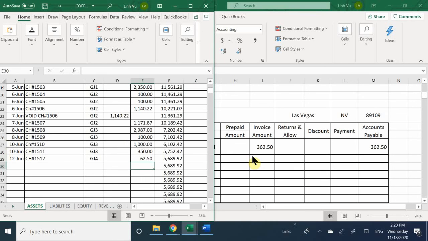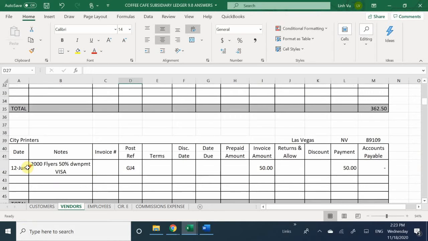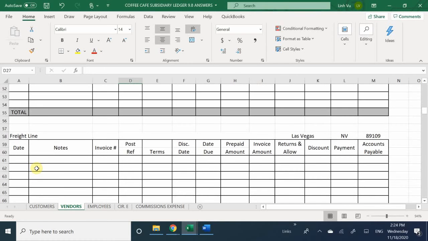I want to make sure that we keep the same line going as in entering data. So right now we have journal, ledger, subsidiary ledger, and then our inventory worksheet. Here I have a new vendor, Mr. Freightline.